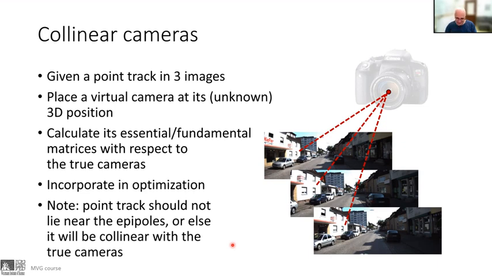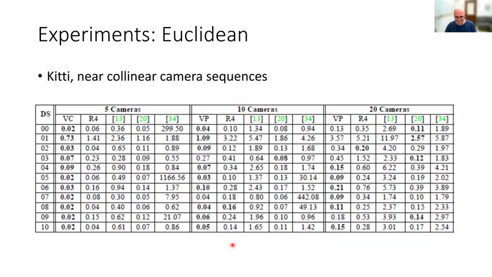How to compute the fundamental or essential matrix for the virtual camera. I think we have a formula, from the point and from the point match, and we set an arbitrary rotation for the virtual camera. Yeah, it's just the formula. I don't know how to explain it.